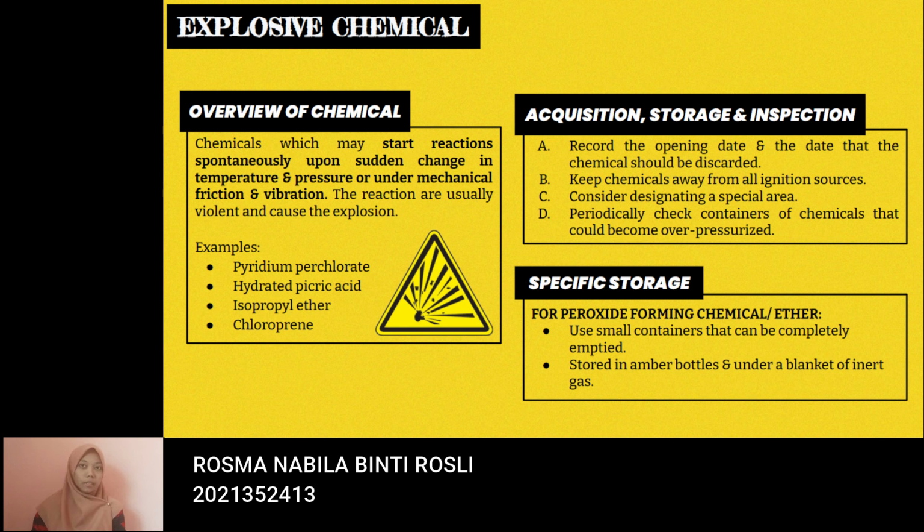Then, consider designating a special area for explosive chemical use. Store them in an explosive magazine and inspect areas weekly. Lastly, periodically check containers of chemicals that could become overpressurized, like highly concentrated formic acid.